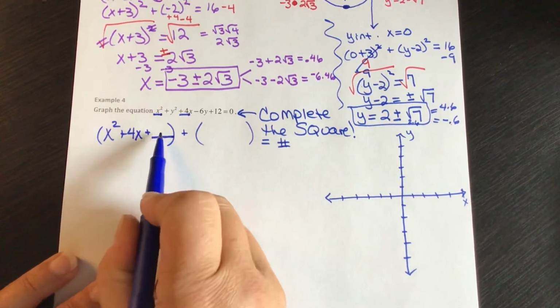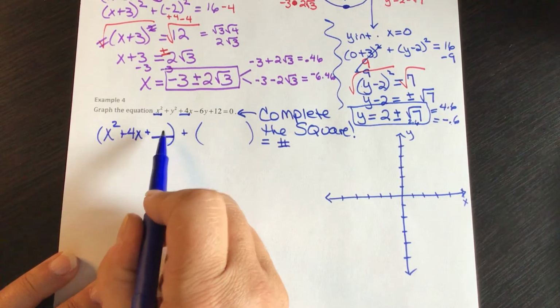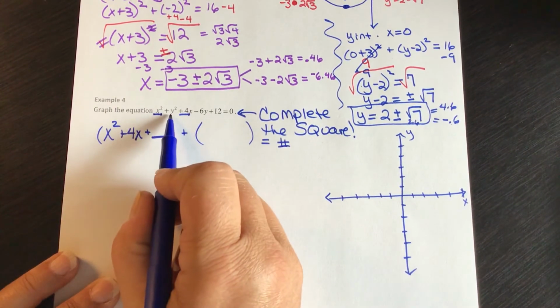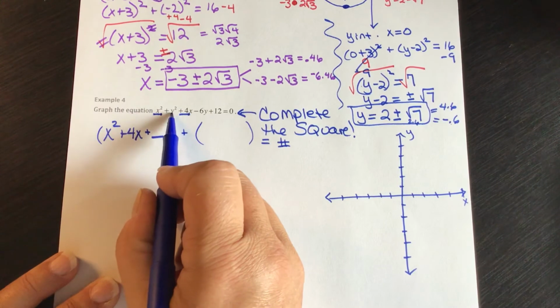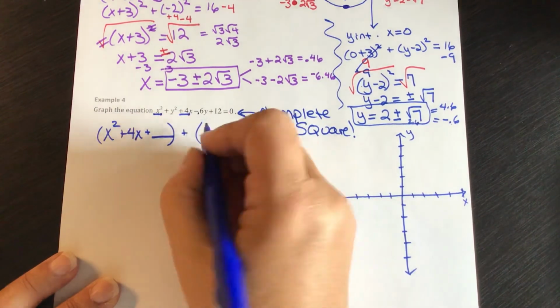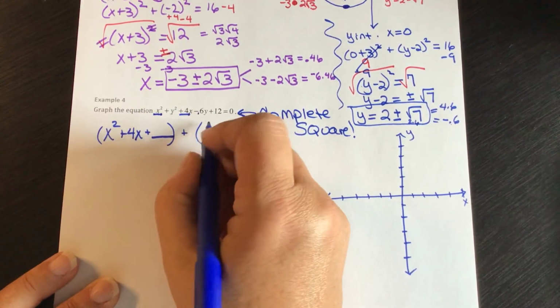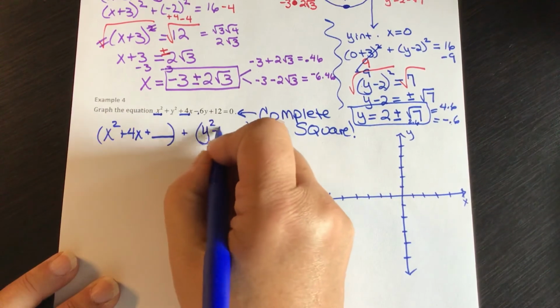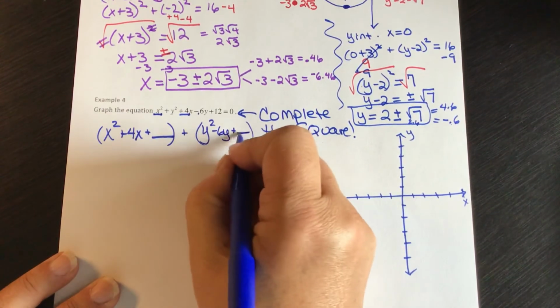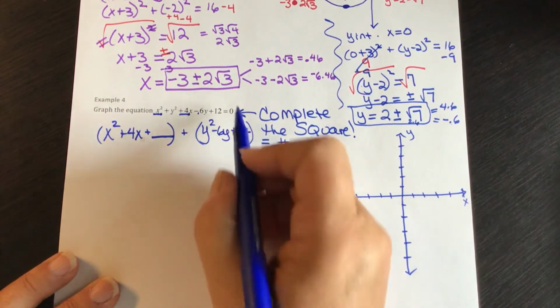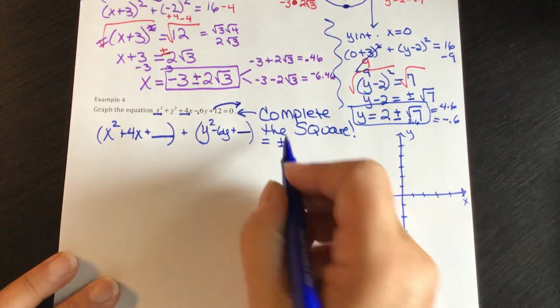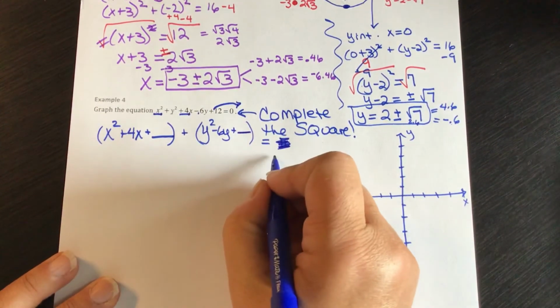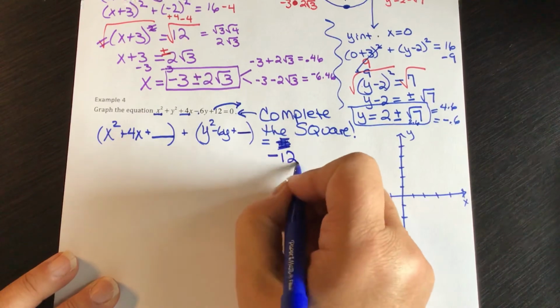So I'm going to put a number here in a minute. Then I'm going to take the y squared terms, so y squared minus 6y. I'm just grouping the y's together. And then I have another number that I'm going to put here. And then I'm going to send the 12 over to the other side. So this is going to be negative 12.